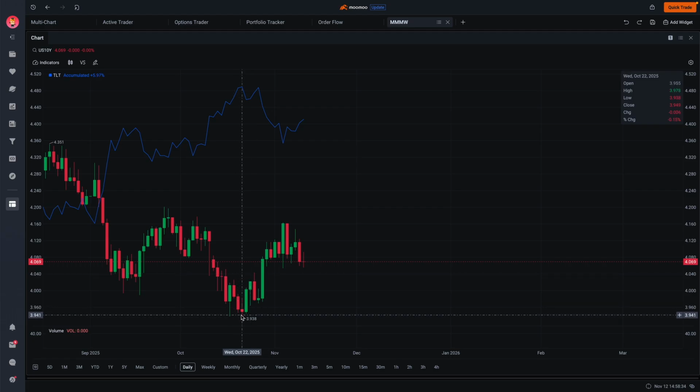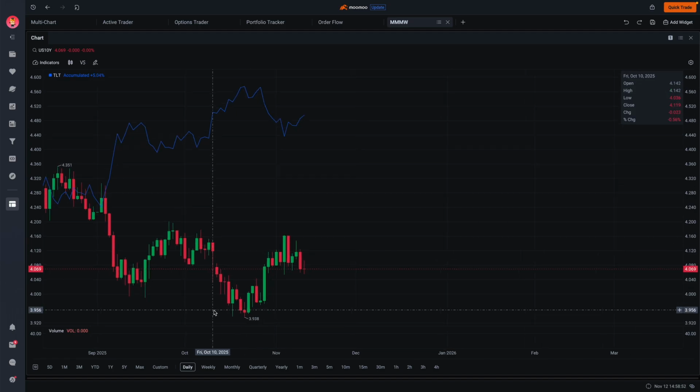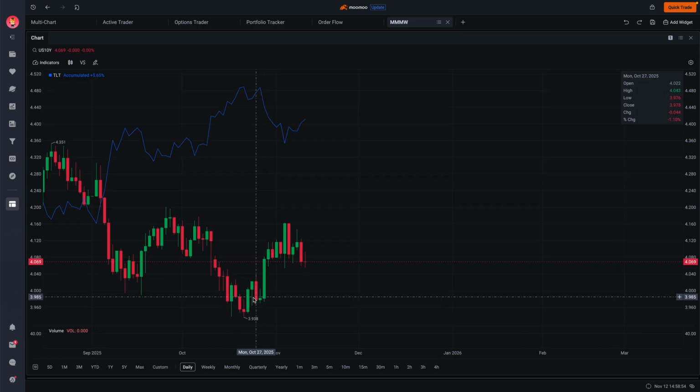The US 10-year was falling, and people were buying into the bond market as the rate cuts were coming up, because people's expectations were that rates were going to be cut. It's almost like a buy the rumor, sell the news type of deal. Because everybody knew that the Fed was going to cut rates, it was like a 90-something percent chance, bonds were being bought and the 10-year was coming down.